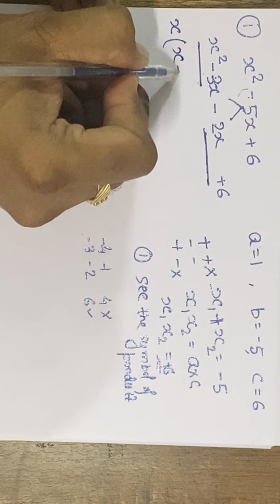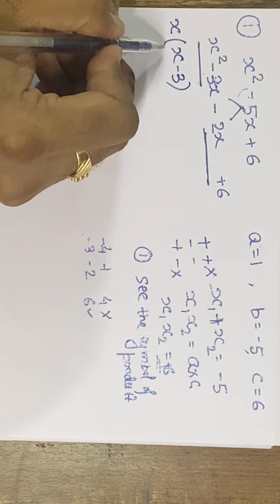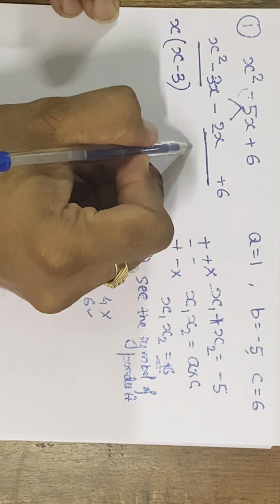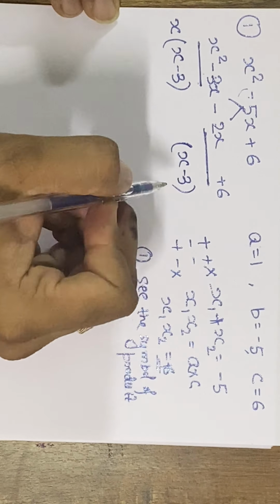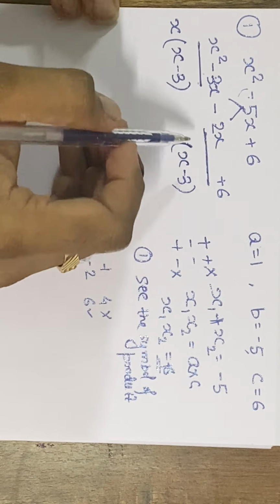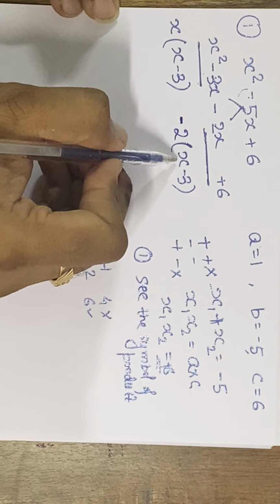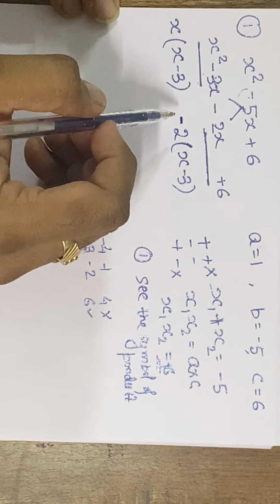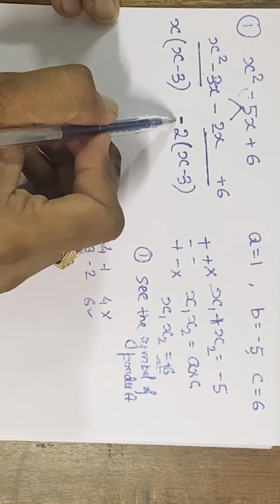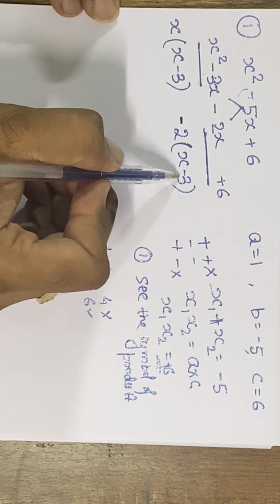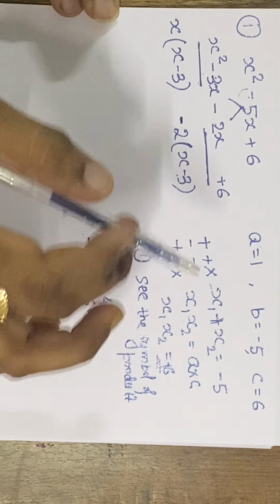The remaining thing is x minus 3. Now, whatever I am writing, x minus 3 here, just write it here too, x minus 3. To make it minus 2x, here I have to multiply it by minus 2, such that minus 2 into x becomes minus 2x. Now, you will see that this minus 2 multiplied by minus 3 becomes plus 6, which is already there. It means our equation is correct.